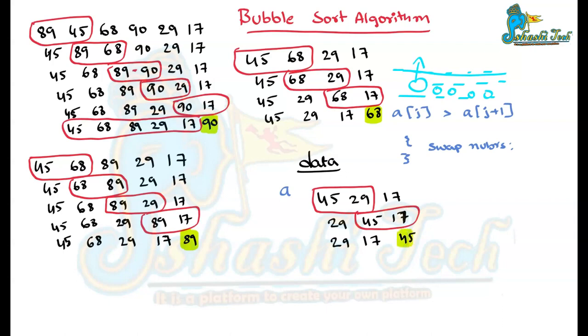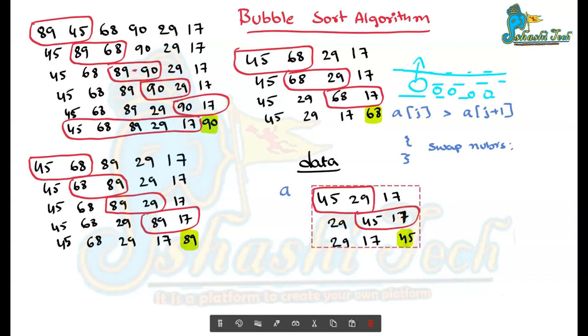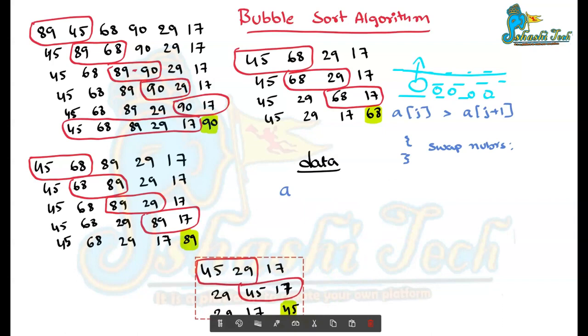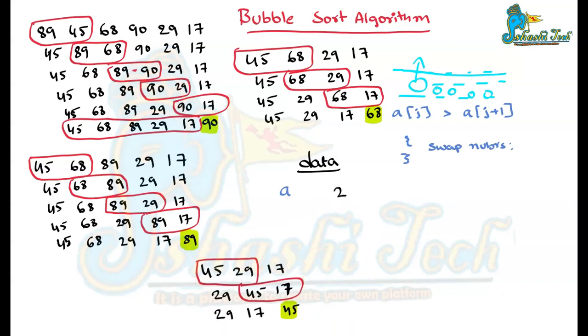So we need to copy the entire thing to one side and we can apply the logic again. And we shall rewrite the required ones, that is 29 and 17. Okay, again apply the logic to these numbers. Here 29 is greater than 17.